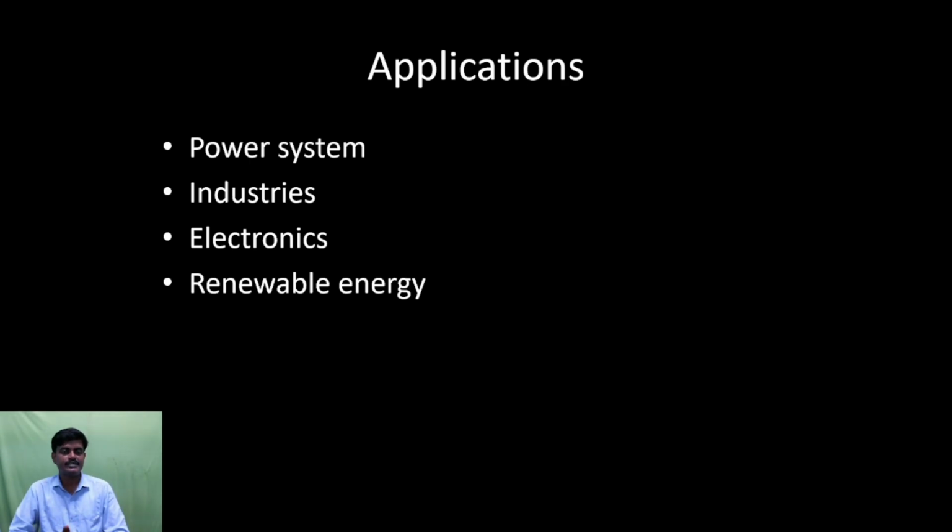For that we need the transformers. And on the electronics side, mainly it is used for isolation purposes. Some high voltage level circuits and some low voltage level circuits are also there. So in order to isolate these things, we need the transformers on the electronics side. And also like that for industry and power systems.